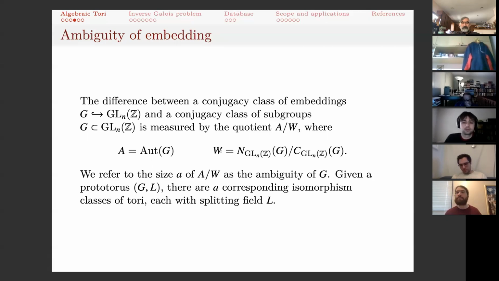That may not be the full automorphism group, and if not, then we can get additional embeddings by precomposing with automorphisms of G. I'm going to refer to the size of this quotient, A mod W, as the ambiguity of G. Given a proto-torus, a group and a field, there are going to be A corresponding isomorphism classes of tori, each with splitting field equal to L.